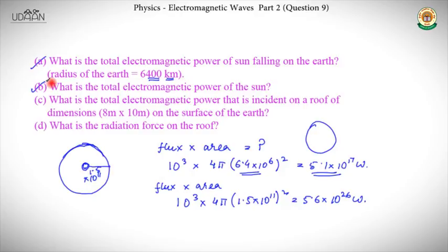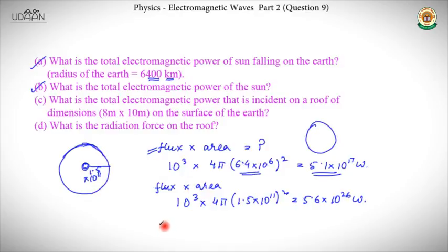The C part asks us about the total electromagnetic power that is incident on a roof of dimensions. The area is given as 8 meter into 10 meter on the surface of the earth. So this is a similar question to the first part. Again we have the flux and we have the area.